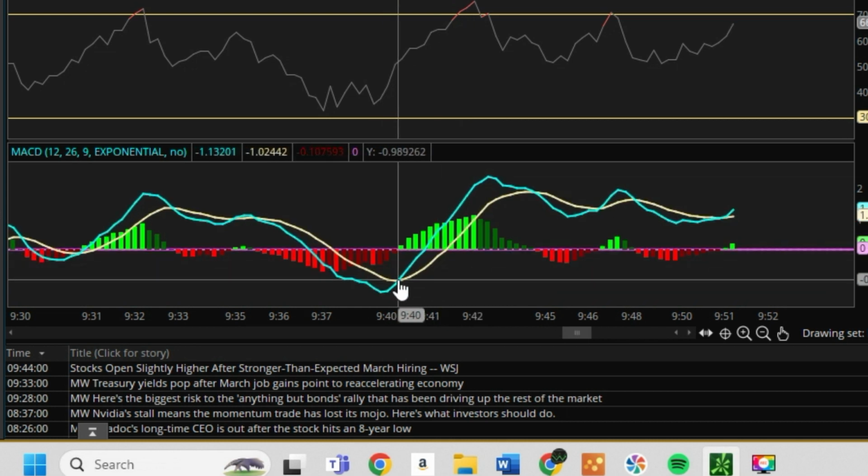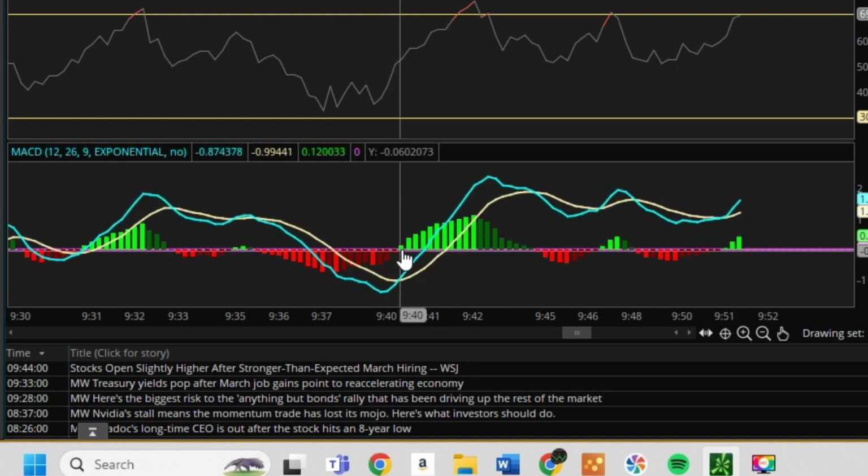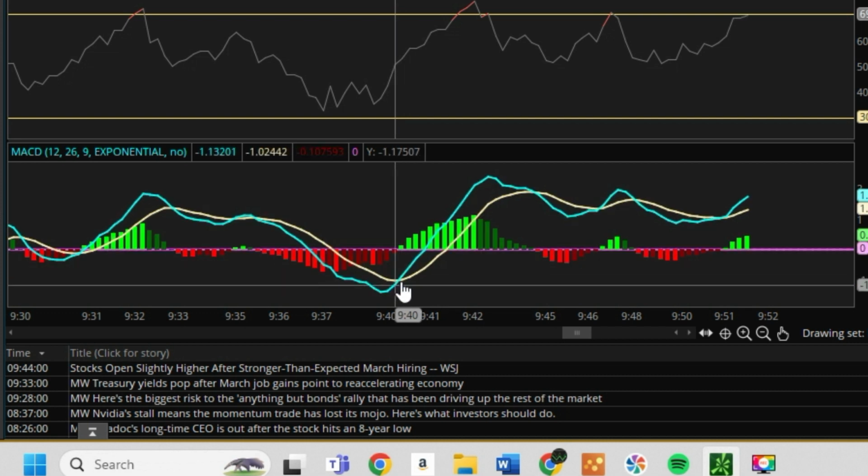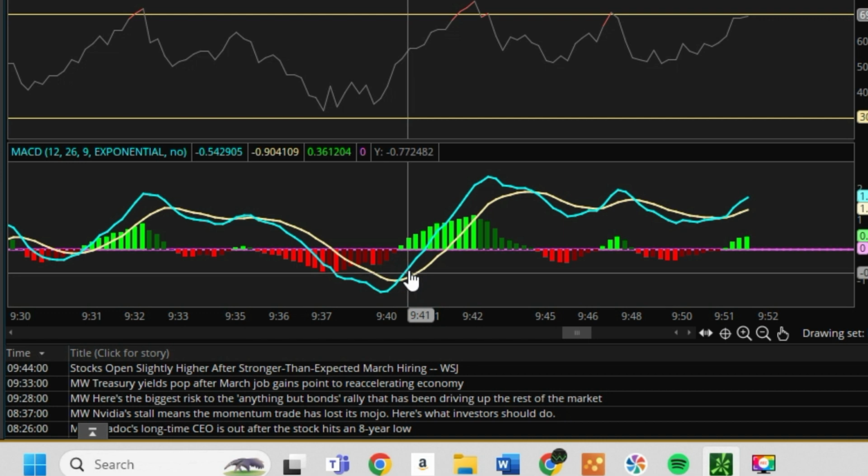And so when it crosses over, at this point right here, that's called a golden cross because you're gaining momentum. And at that point, you can see it turn from a red candle into a green candle. So we can see that we've crossed this point and we are gaining momentum.